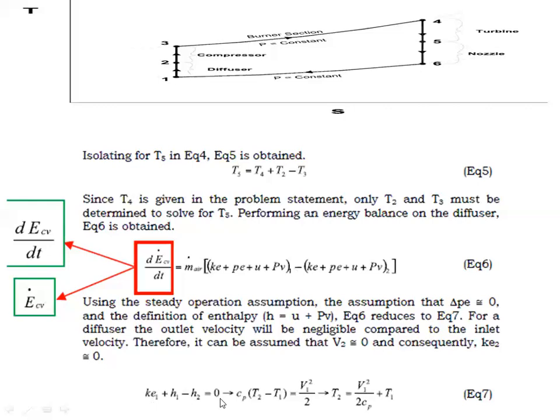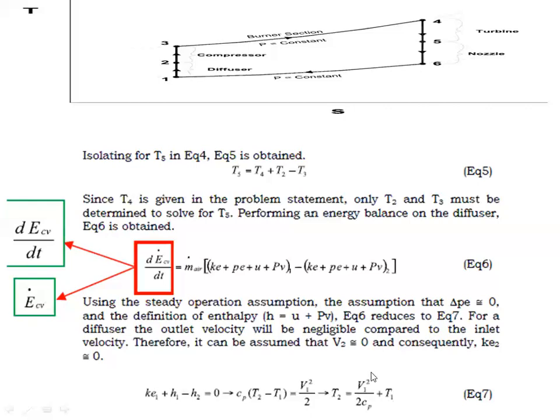Therefore, the energy equation reads: kinetic energy at point 1 plus H1 minus H2 must be equal to 0. The change in enthalpy can be written as Cp into T2 minus T1, and it must be equal to the kinetic energy, V1 squared by 2. From this equation, T2 is equal to V1 squared by 2 Cp plus T1.